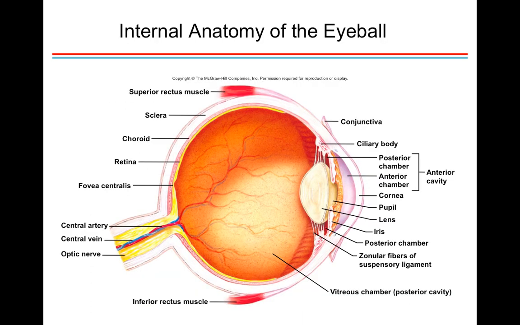If we look at the anatomy of the eyeball, I just want to point out a few key places. This is the lens. The lens is connected to the other parts of the eye by the ciliary body that basically holds it onto the sclera, which is the connective tissue surrounding the eye that helps to give it structure and strength.